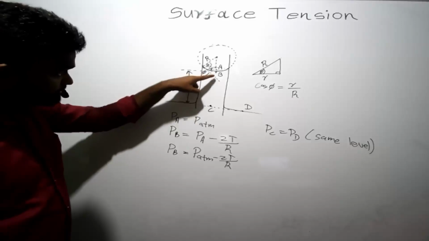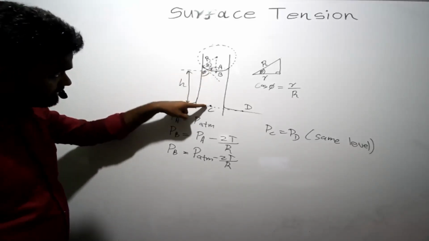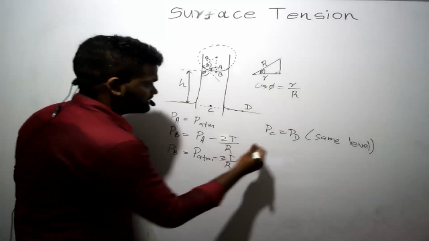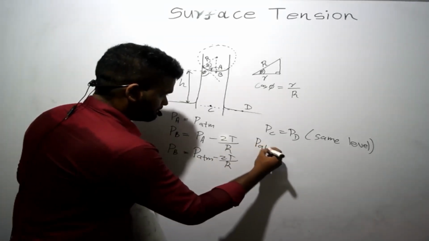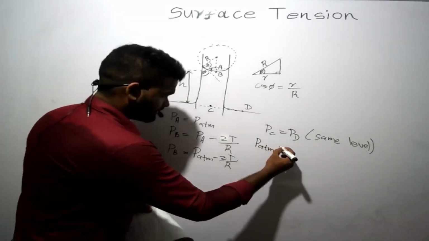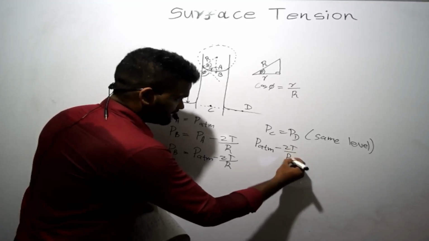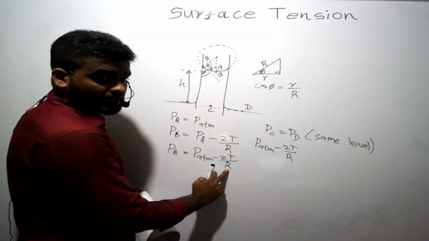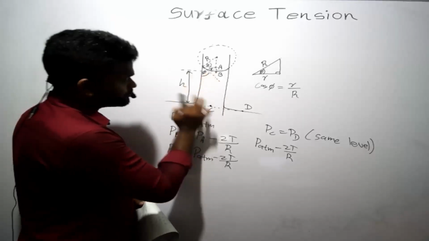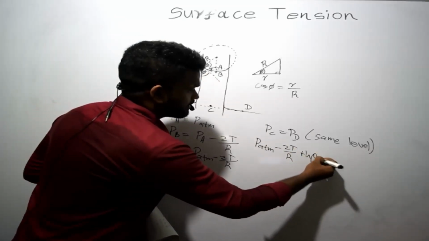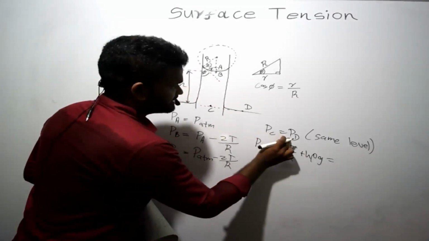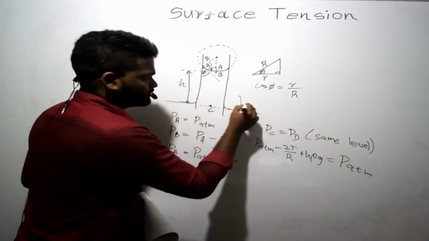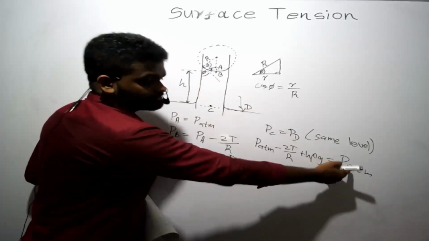So the hydrostatic pressure should be added, H rho G. So PB is PATM minus 2T divided by R, plus H rho G. So that is PC. Then what is PD? PD is PATM. It is open to air, right? So it should be just PATM.